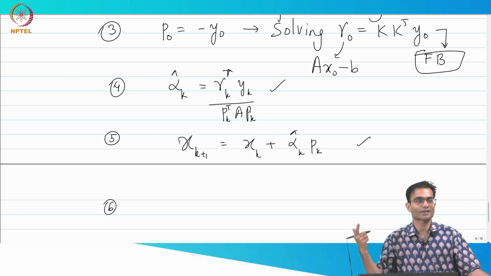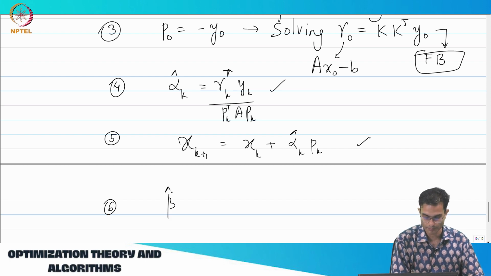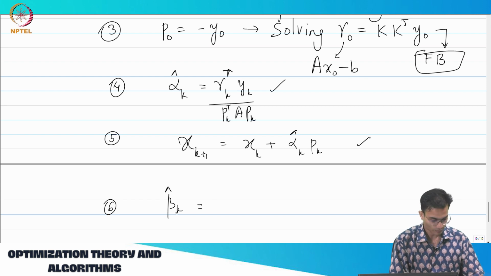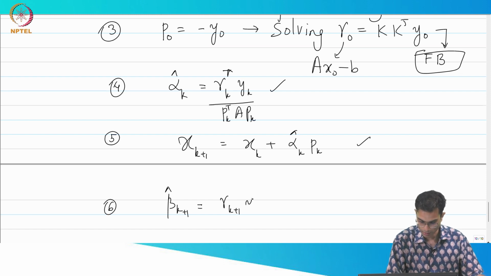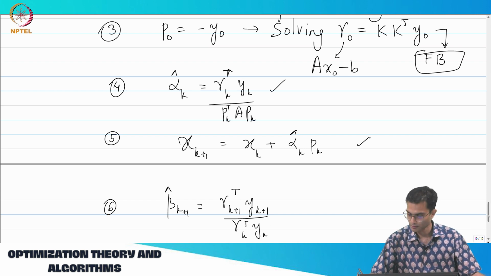Before I go to the next iteration, I should be careful to calculate what? My beta, so that I get my p k plus 1 for the next iteration. So, I will use my beta k expression, which was also in terms of r's and y's, right. So, this was r k plus 1, y k plus 1 over r k transpose y k, yeah, that is right.